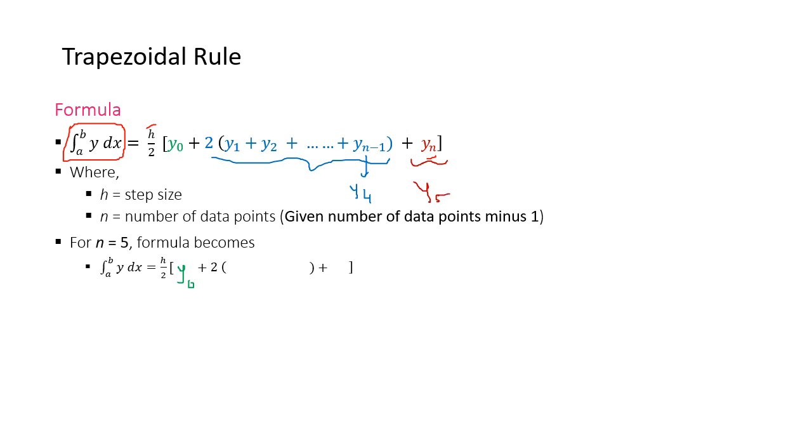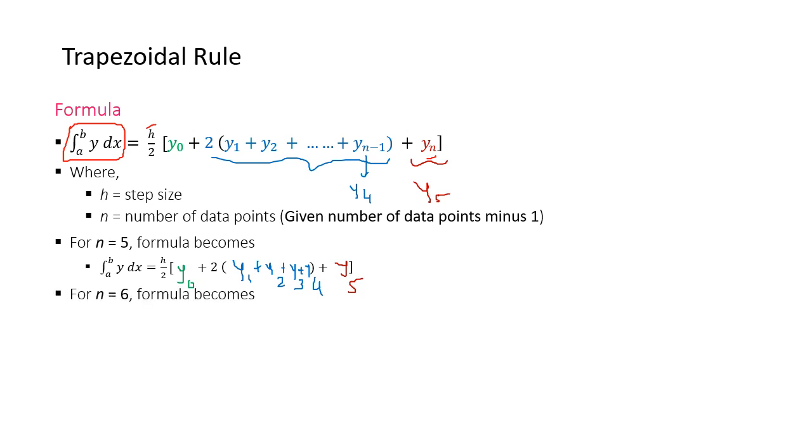Okay, so let us write the terms in the blue color. So I have y1 plus y2 plus y3 plus y4. Oops, I cannot accommodate all the 4 terms, but that's fine. And finally, the last term is y5. Okay, so that's how this formula becomes when n is equal to 5.